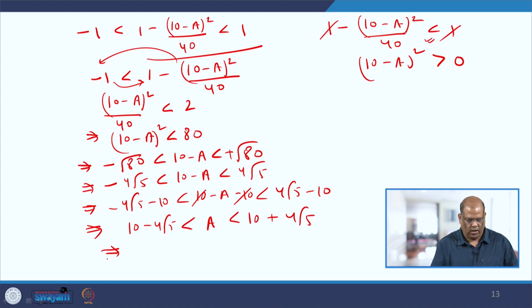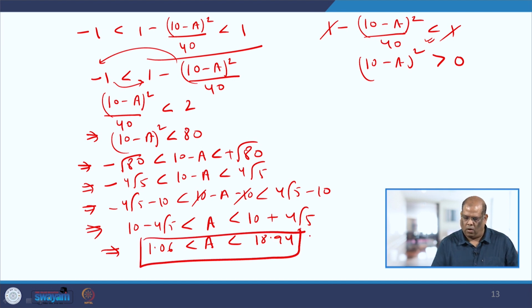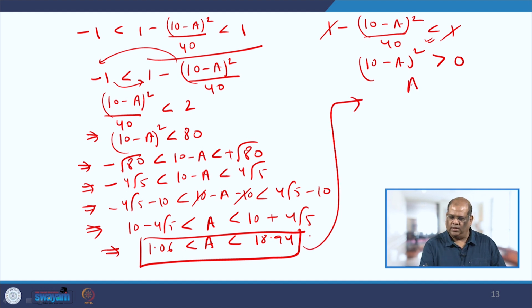If you want to take the numerical value, this is 1.06 less than A less than 18.94, but already shown that A has to be less than 10. So combining from the existence, we already have A to be less than 10. Combining these two, I will have 1.06 less than A less than 10.